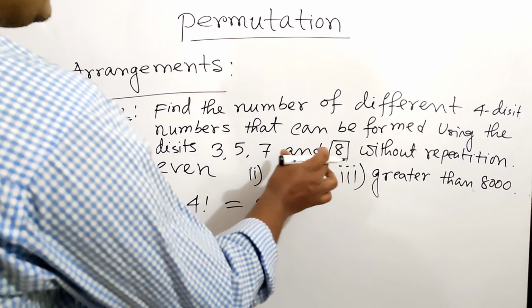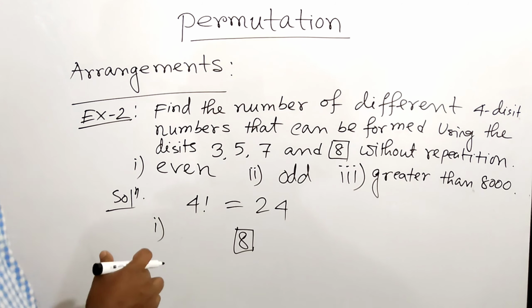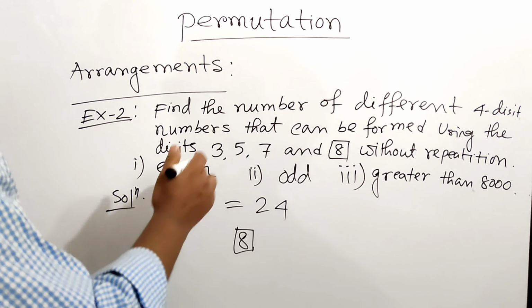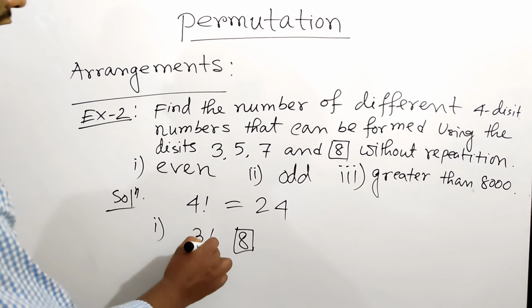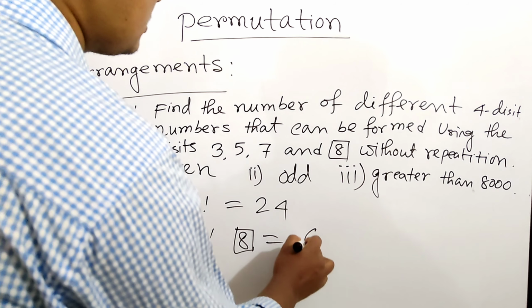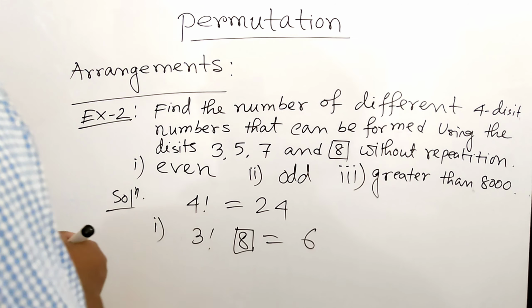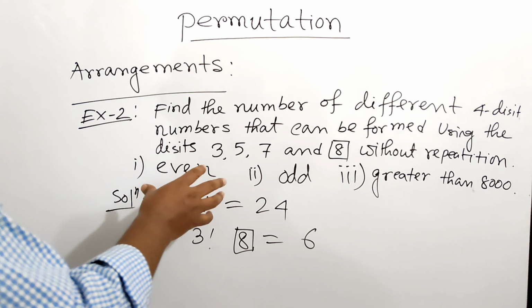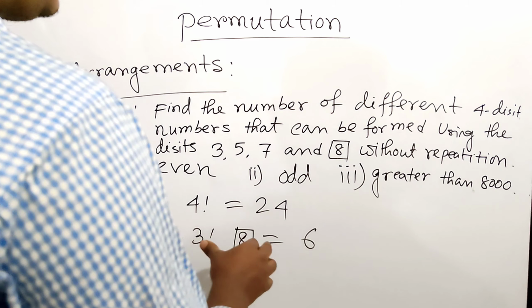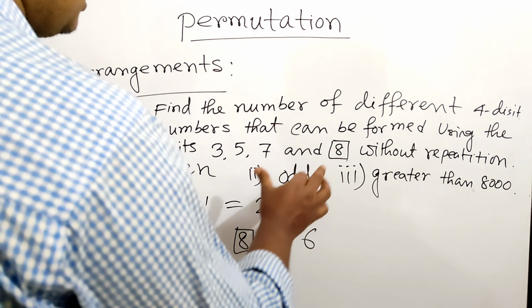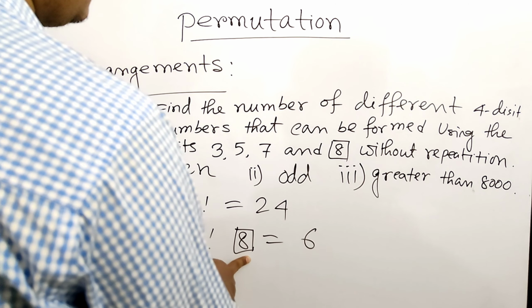How many digits remain? That is 3, 5 and 7. These 3 digits you can rearrange in 3 factorial ways, that means 6. So you can make 6 even numbers from these given digits, keeping the 8 at the last place.